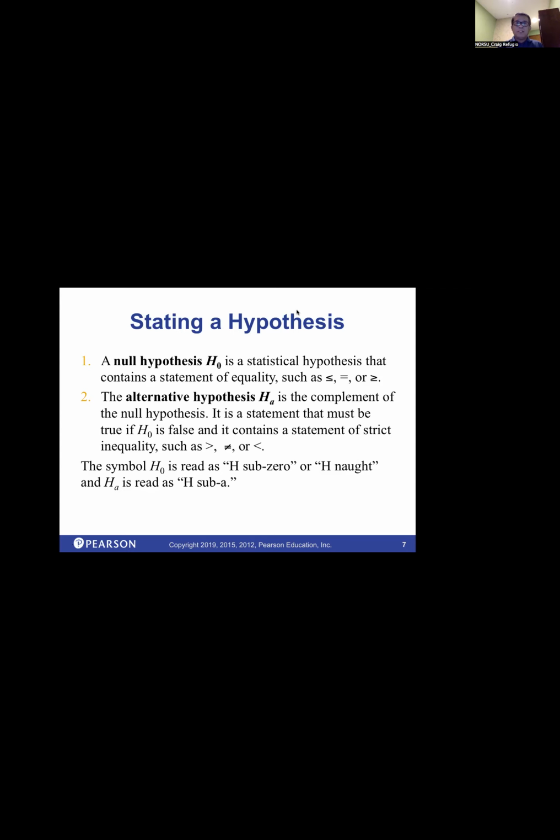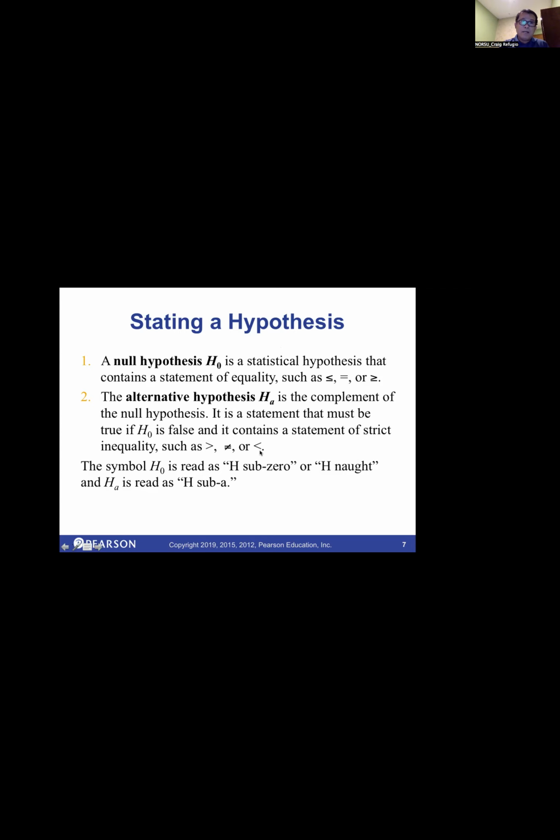Our alternative hypothesis is the complement of the null hypothesis, and it is a statement that must be true if H0 is false. It contains the following mathematical operations: greater than, not equal to, or less than.